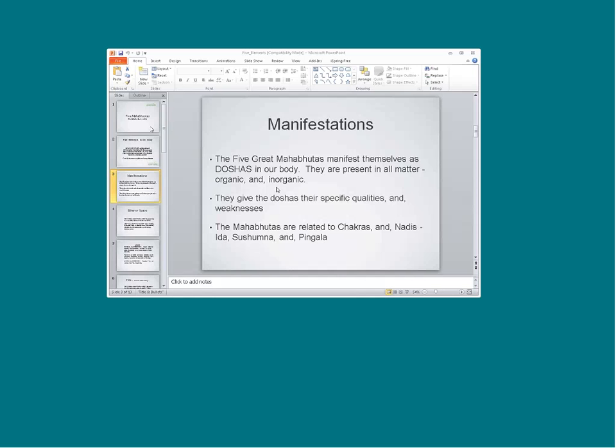These are also elements that give the doshas their specific qualities and weaknesses. And these Panchamahabhutas are also related to another topic which I want to cover briefly today, which are the chakras and the nadis.